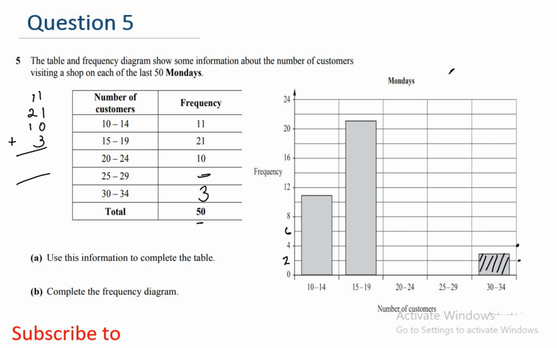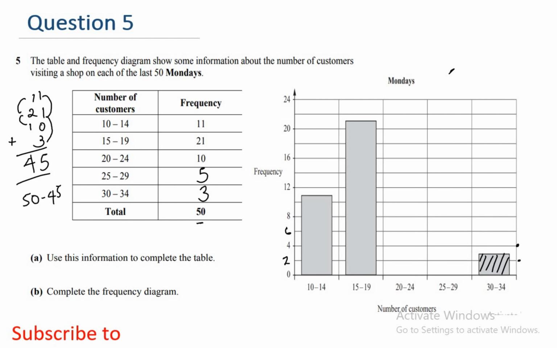So 3 plus 1 is 4. 4 plus 1, this is 5. 2, 3, 4, that's 45. So what is missing will be the total, which is 50 minus 45, the known frequencies. What is missing here will be 5.